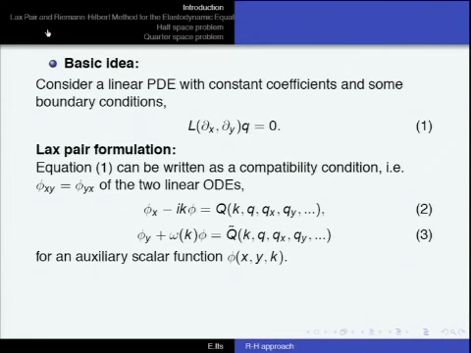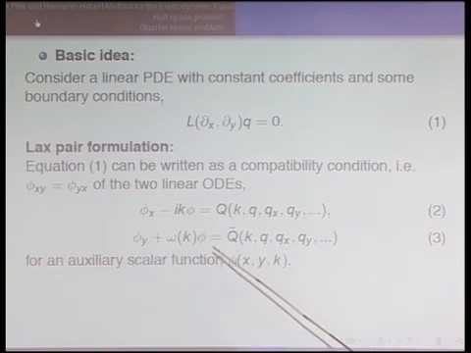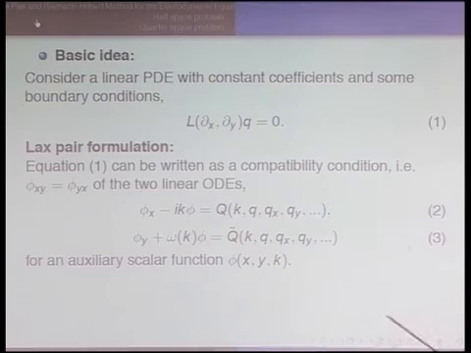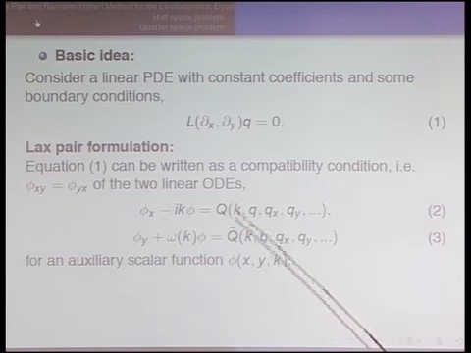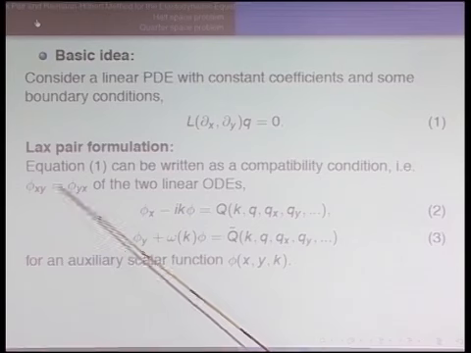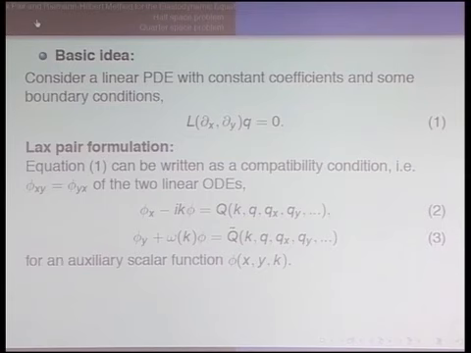Suppose we want to solve a linear PDE with some boundary conditions. Instead of solving it directly, we switch to a system of two ODEs for some auxiliary function phi. k here is a complex spectral parameter, and the compatibility condition for this auxiliary function is equivalent to the original PDE.